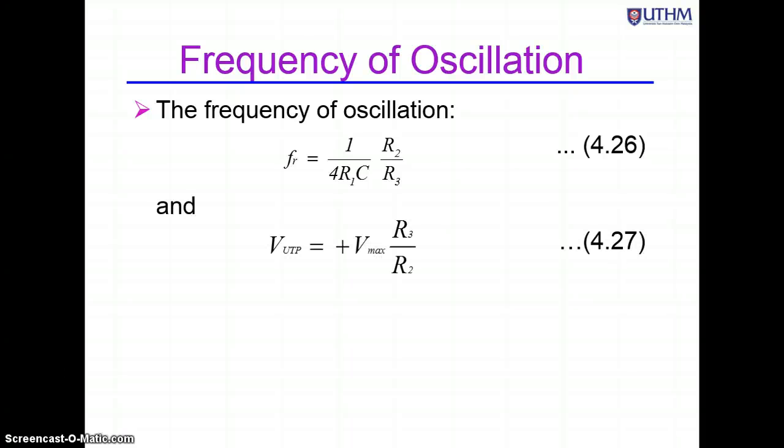The upper threshold point, because you have a comparator, is Vmax. Vmax is your plus VCC or plus VO saturation, multiplied by R3 over R2. And the lower threshold point is negative Vmax, or negative VCC or negative V saturation, multiplied by R3 over R2.